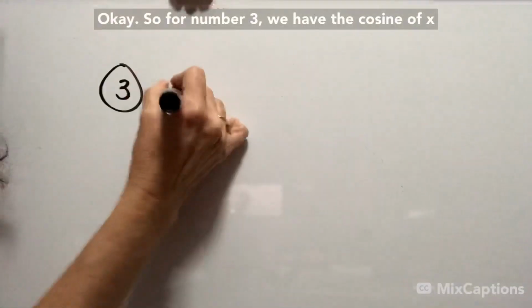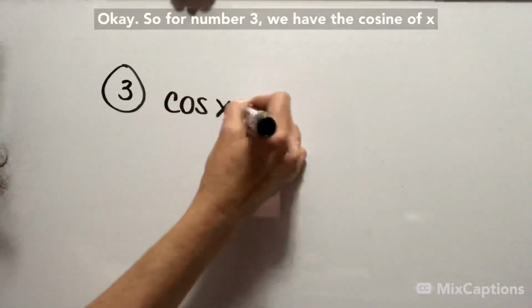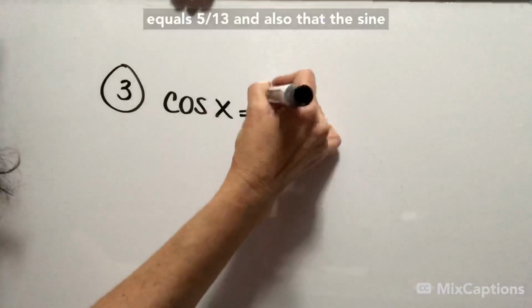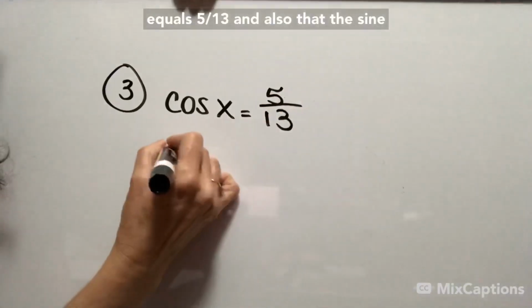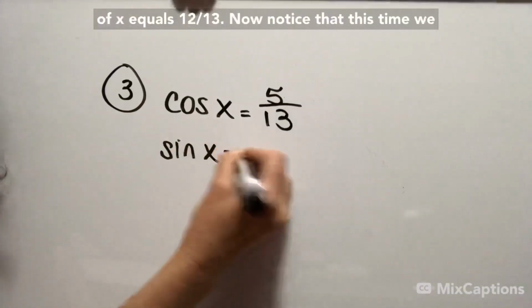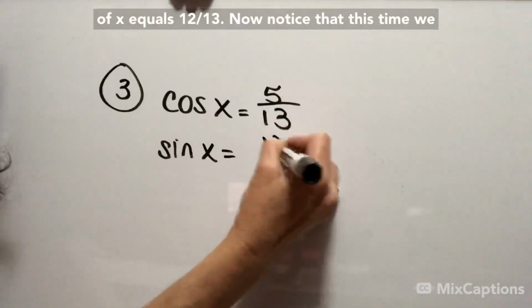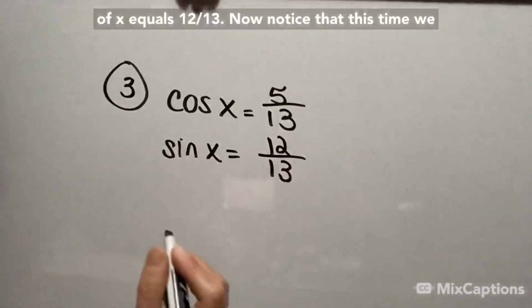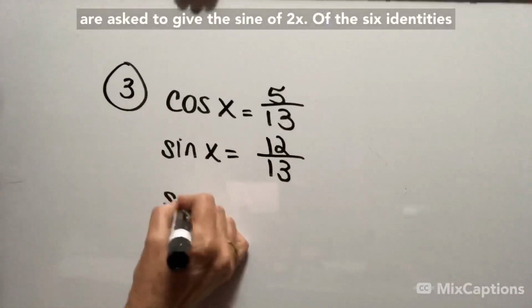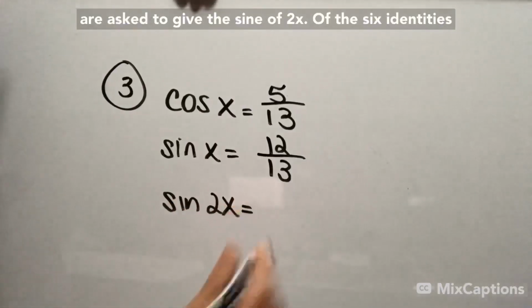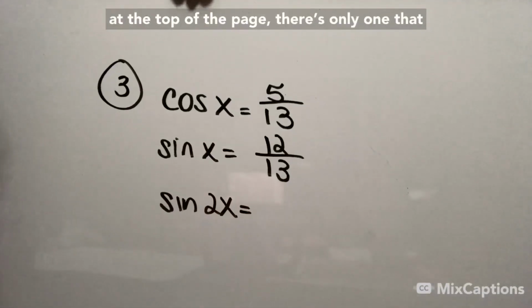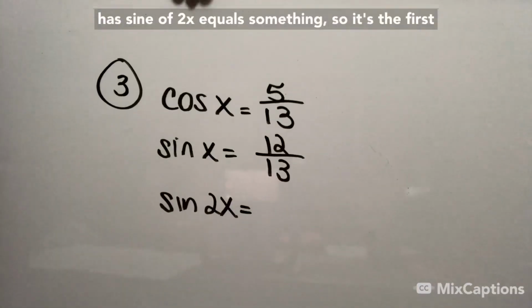Okay, so for number 3, we have the cosine of x equals 5/13, and also that the sine of x equals 12/13. Now notice that this time we are asked to give the sine of 2x. Of the 6 identities at the top of the page, there's only one that has sine of 2x equals something.